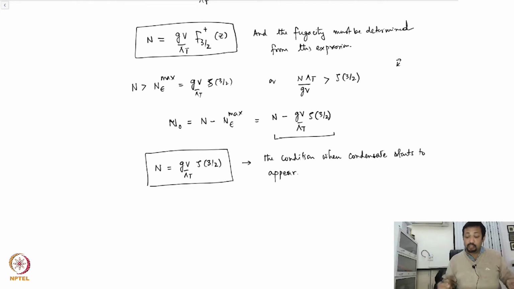So what is actually happening is you are populating the state with zero momentum. If you visualize the momentum space, you are going to see a peak starting to appear in the zero momentum state, and that is exactly what people have seen in experiments.